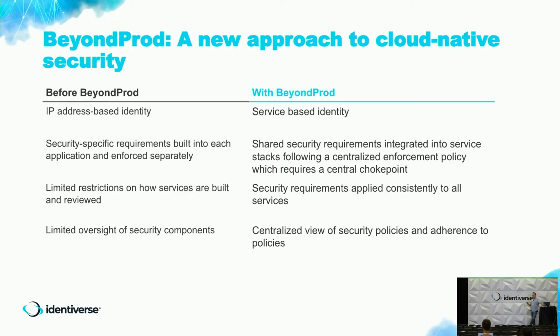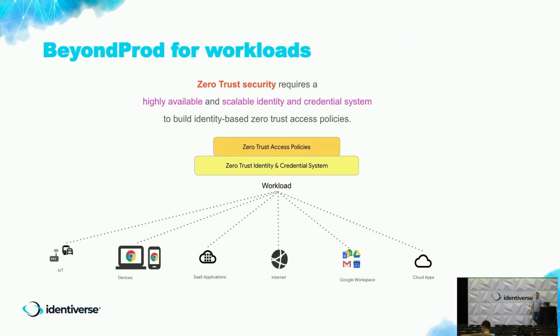Now we move to a world where we're sharing security requirements and they're integrated directly into a service stack with centralized policy enforcement. Limited restrictions on how services were built and reviewed move to a world where security requirements are applied consistently in one single build system. And we had limited oversight of security components. Now what we want is a centralized view of security policies and adherence to these various policies.